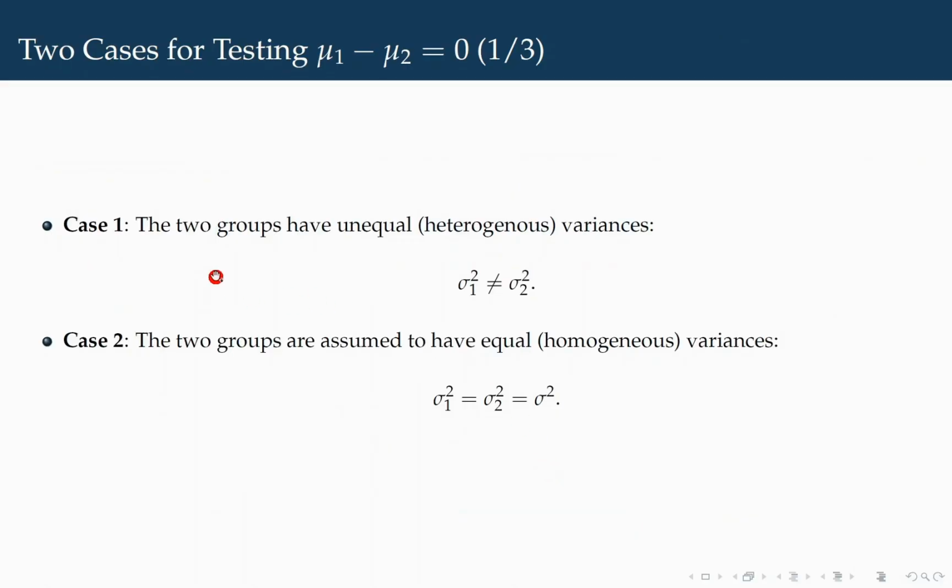The first assumption could be that the two groups have unequal or heterogeneous variances. Then sigma 1 square is different from sigma 2 square, or the variance of the first group is different from the variance of the second group.